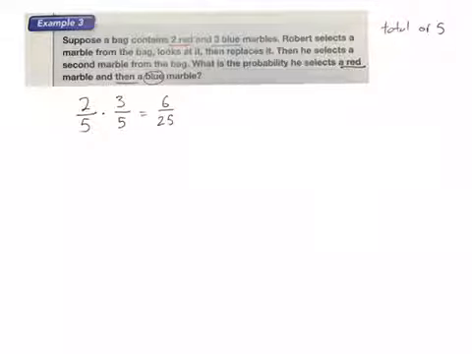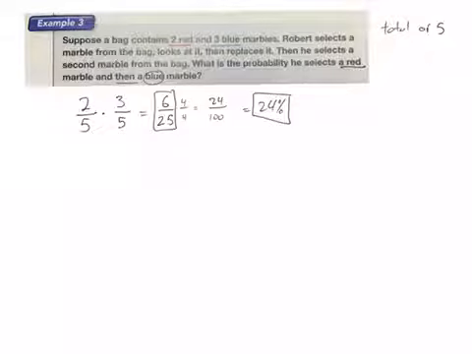And normally we're going to want that as a percent. I'm just thinking here, if I can get this bottom to be a 100, that'd be an easy way to do that. So that would be 24 over 100. So it'd be 24%. So you say 24%, or you could say 6 over 25.